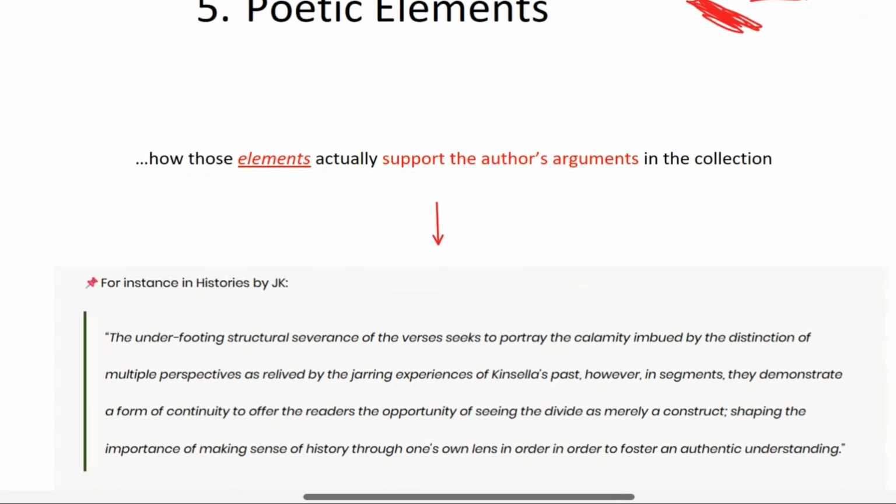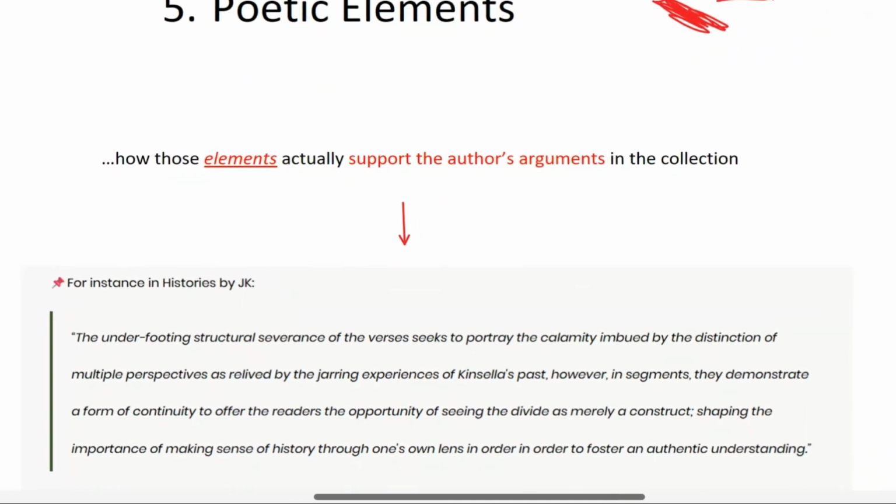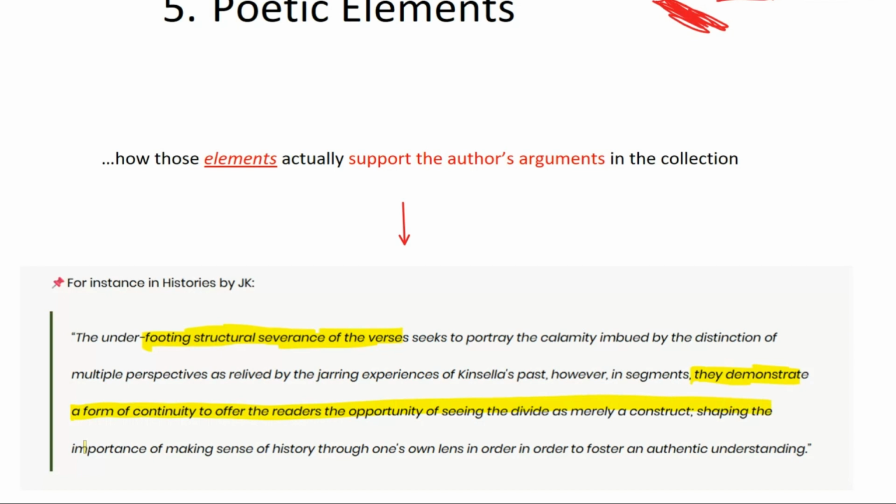Let's take a look at an example of where a poetic element is included within an analysis. Here, a structural element is being talked about, and you can see after the structural element is included, there is some sort of an analysis back to the context of the text or whatever issue is being talked about in relation to the prompt. So you can see here, I'm talking about how there is a form of continuity being established, and as a result, how that shapes the importance of making sense of history through one's own lens, and so on.